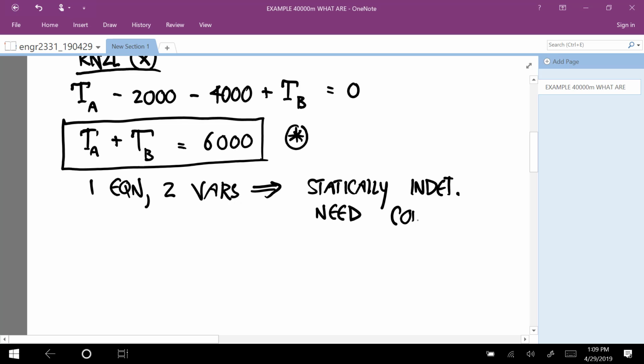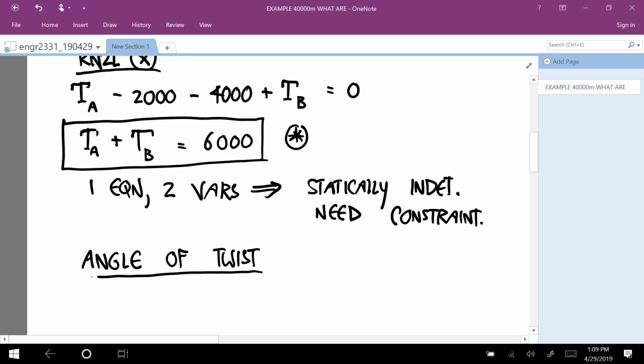So we're going to need a constraint equation that relates to deformation. Okay, so I'm going to use angle of twist. And to do that, I need to figure out the internal torques at every point.